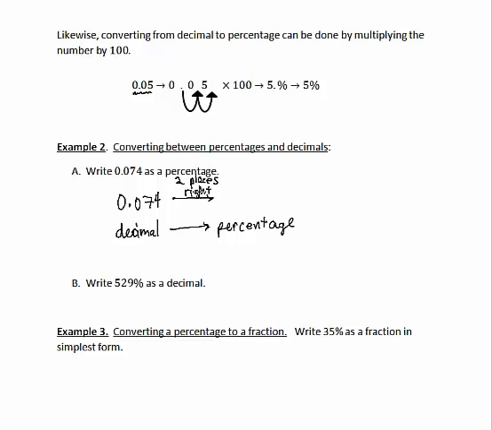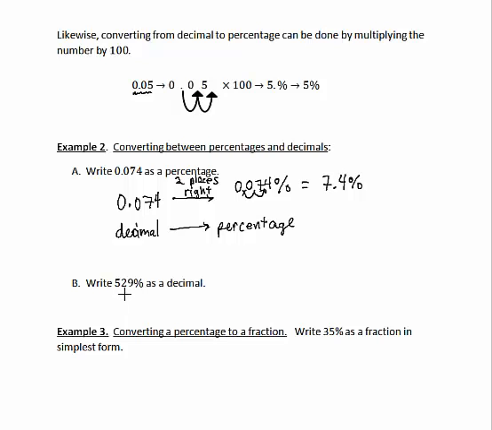Okay, we move the decimal point. So we would take 0.074. The decimal point was right there originally, and we move it 1, 2 to the right. And now we can put our percentage sign behind it. In the end, we want to drop these zeros because the 7 is now sort of in the ones place, and we only need the 7.4 with the percent sign behind it.